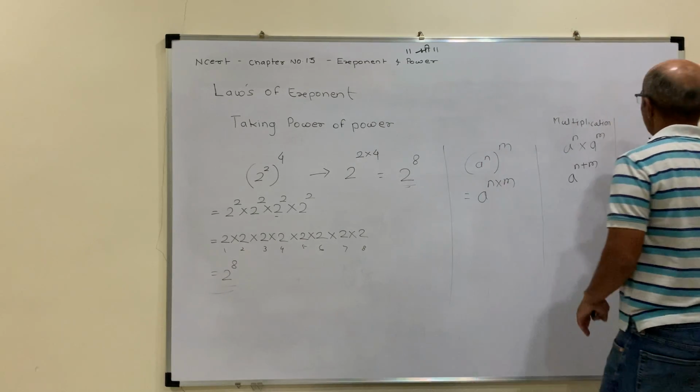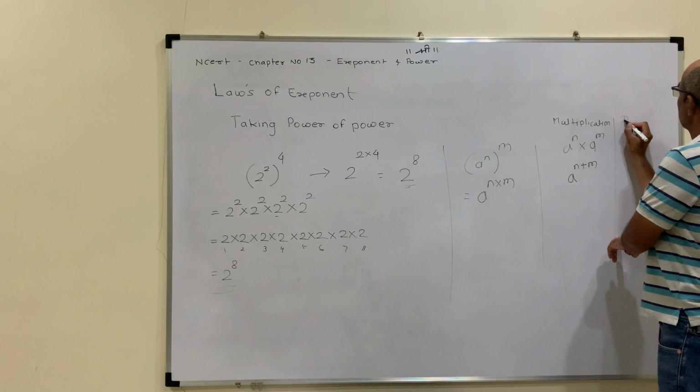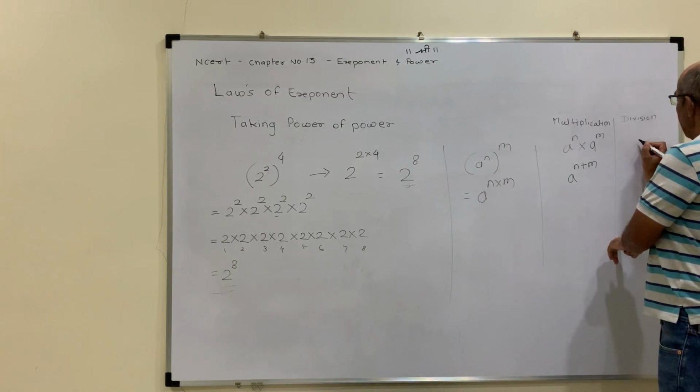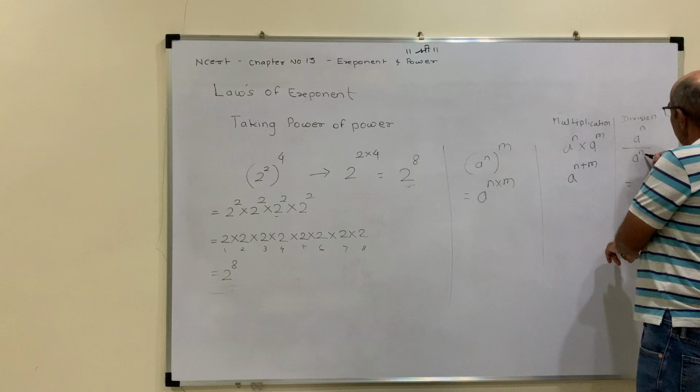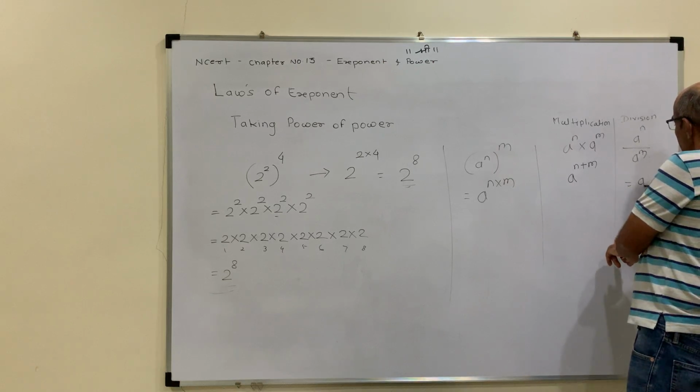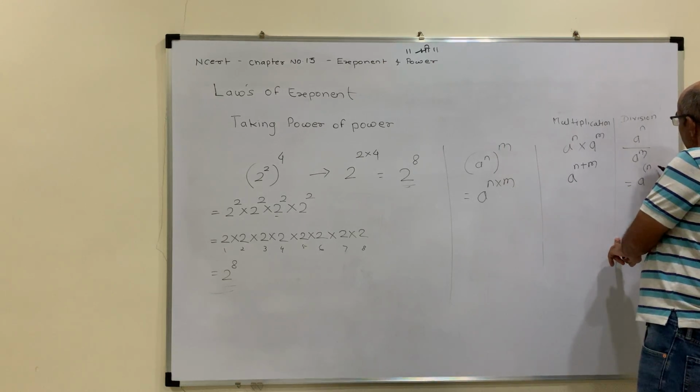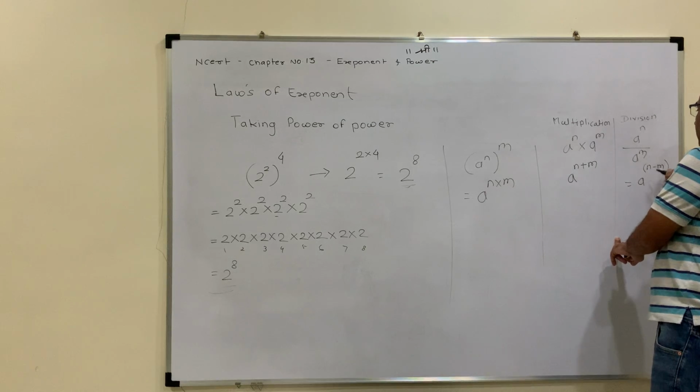And when it is a division, a raised to n divided by a raised to m, the answer will be a raised to n minus m.